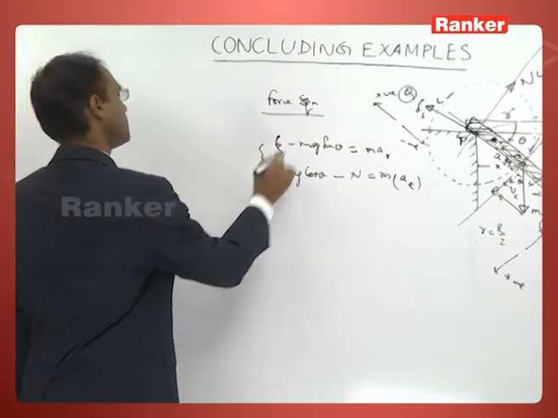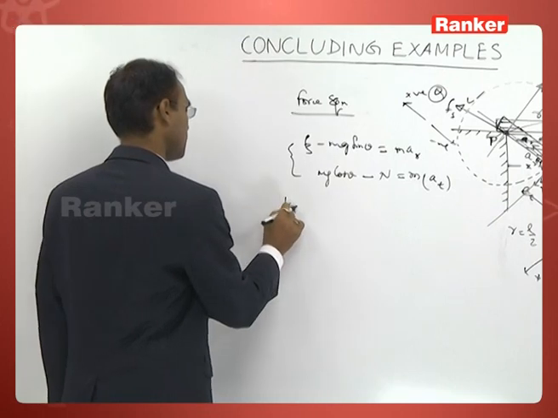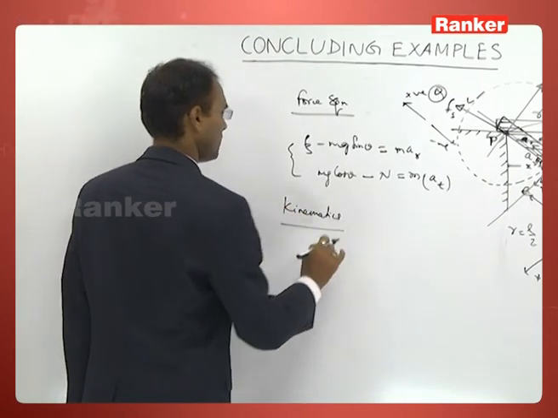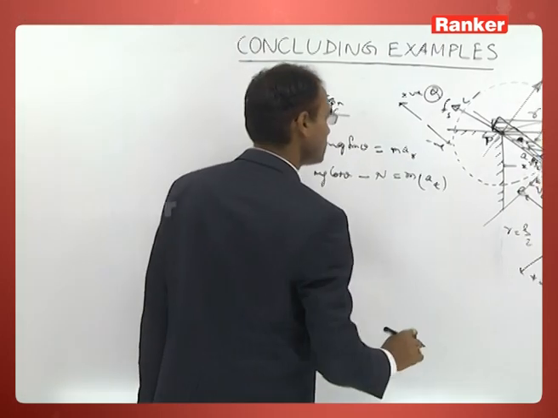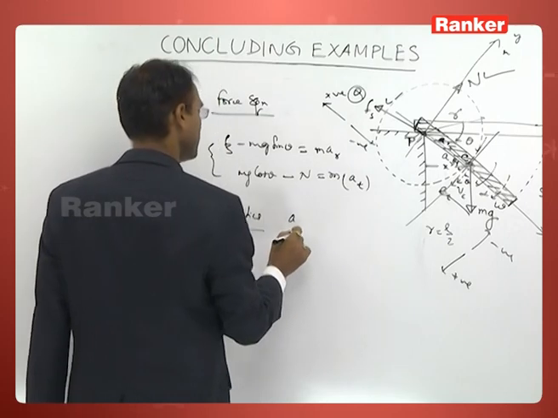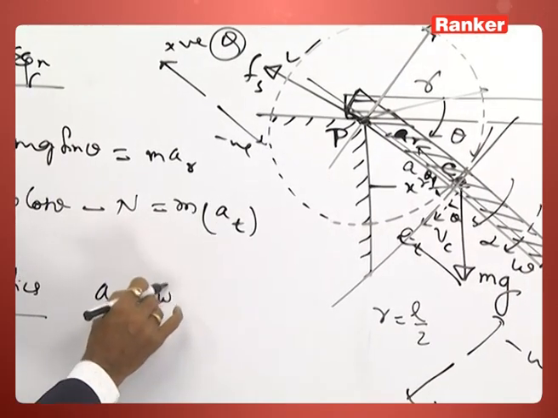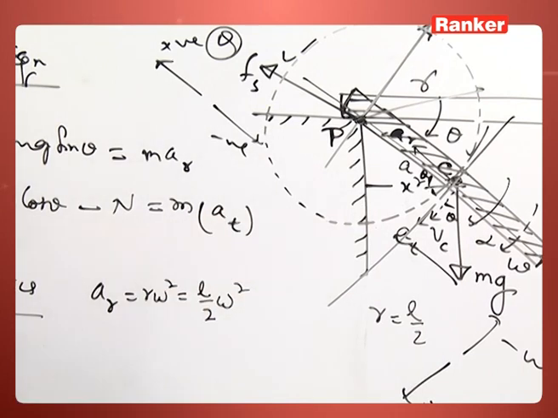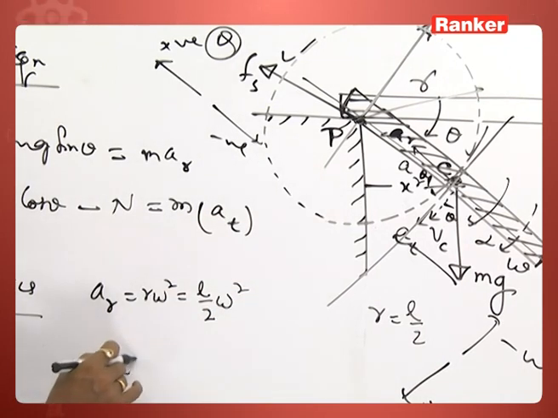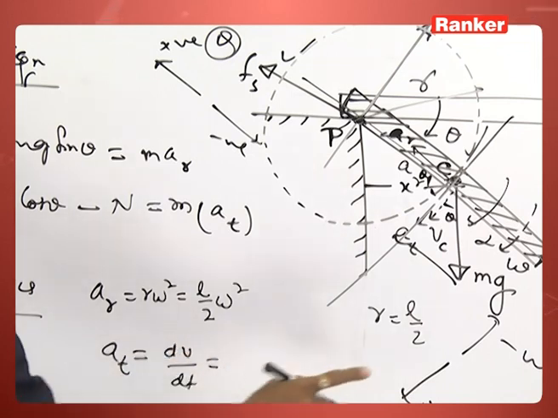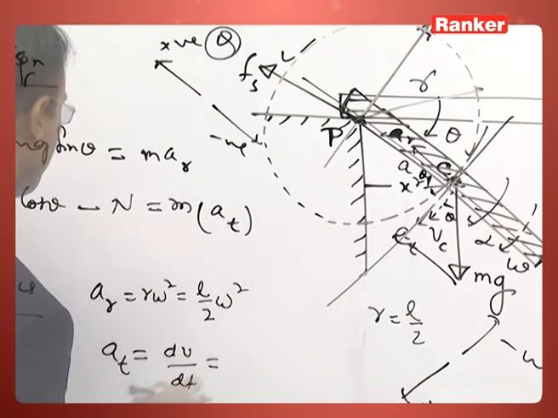Two force equations, then kinematics. So it states that for circular motion of the center of mass, AR is equal to R omega square, R will be equal to L by 2, and AT we have calculated, that's equal to R alpha.